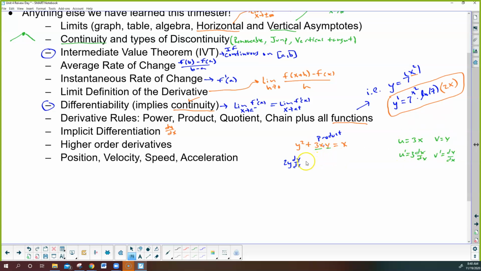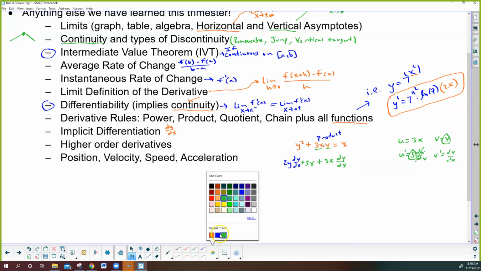I hope we can just write that out from knowing it. But what is it? It's 3 dx/dx, but we know the dx reduce out, so it's really 3 times y plus the first times the derivative of the second, which is 3x dy/dx. And then that has to equal the derivative of x, which is just 1.